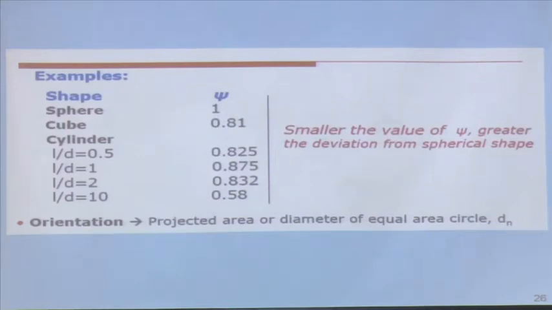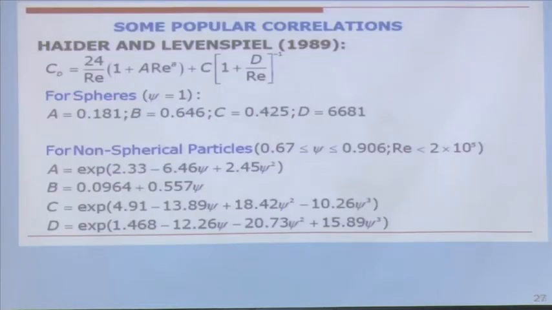So, this we have already discussed, that if L by D changes, what sphericity you take. Some popular correlations, and look at the names of the people who are from chemical engineering, they are all probably familiar, Haider and Levenspiel again.